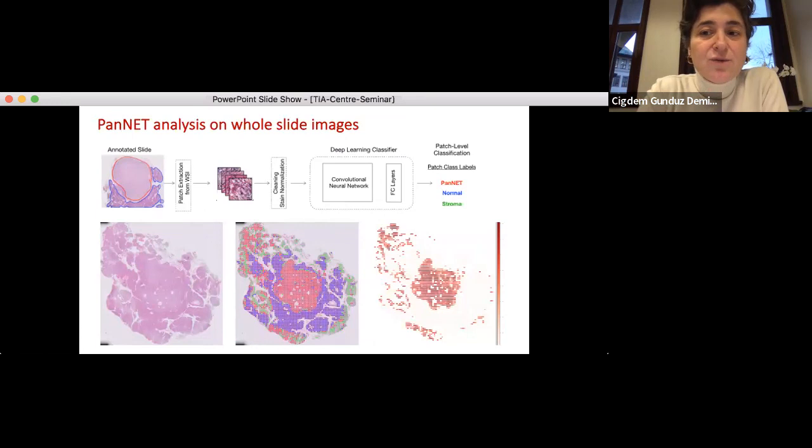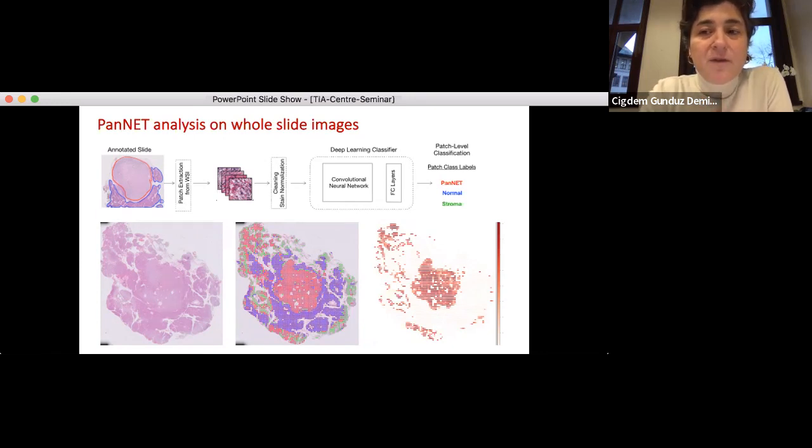That is our design, an end-to-end design that outputs the patch-level classifications for a given slide, training a convolutional neural network classifier. That is one of our preliminary results on a test slide. These red dots correspond to the identified PanNETs.